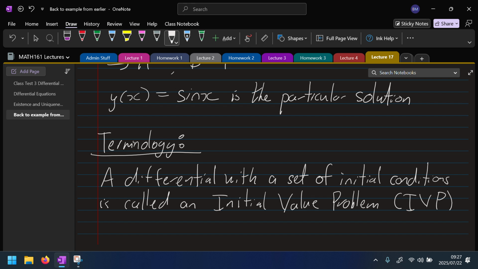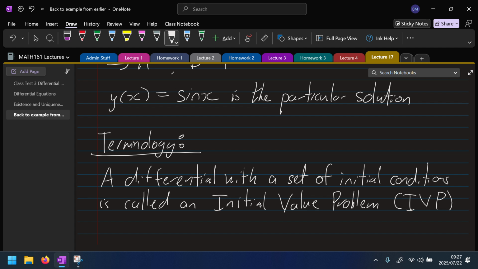Okay, so imagine it's test time. The question will state, solve the initial value problem. You'll be given a differential equation, whatever it might be. You'll be given a set of initial conditions, and then you need to go through the process. So if it is second order, you'll get your 2 linearly independent solutions. So that's step 1.